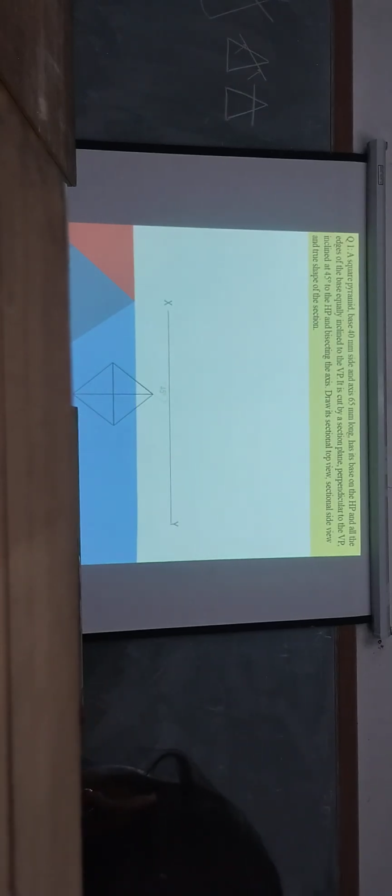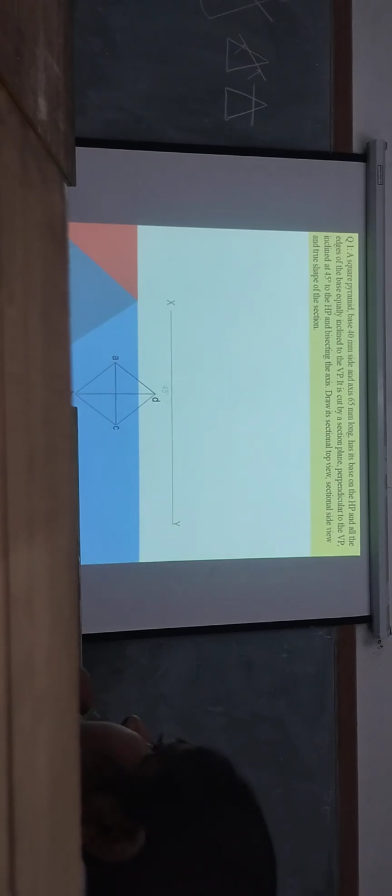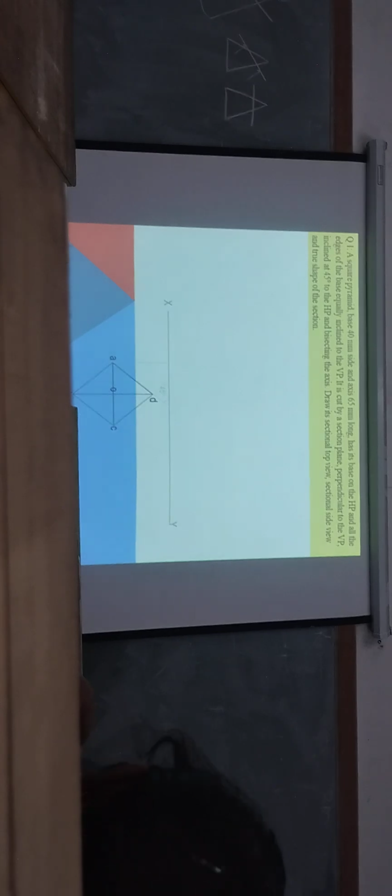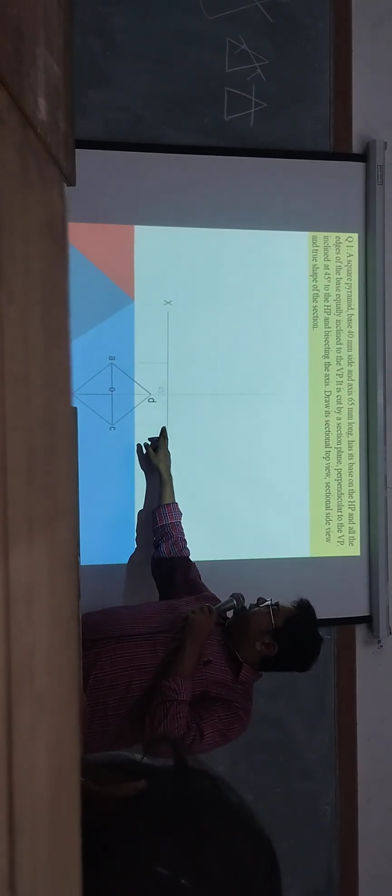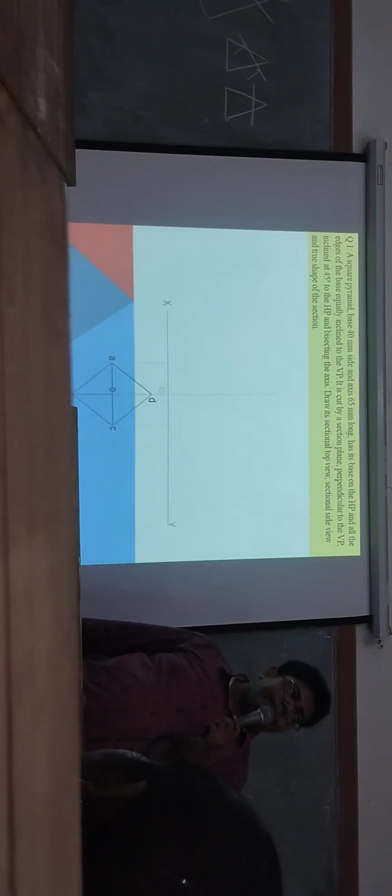Now, right now it is the front view. All of you can understand or not? It is the front view. Now keep the numbering A, B, C, D. Very quickly, I will complete this whole assignment today. From A, B, C, D, you draw reference lines, projection lines which are intersecting with the reference line at these points.